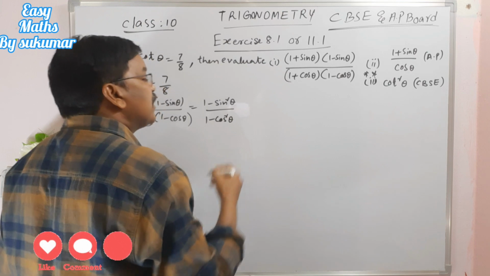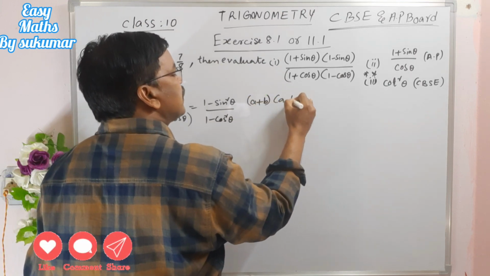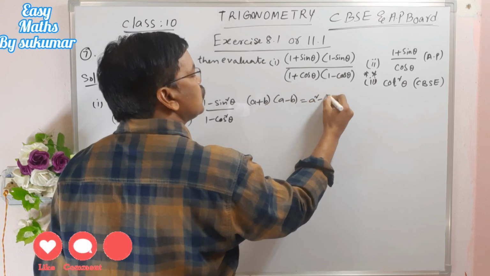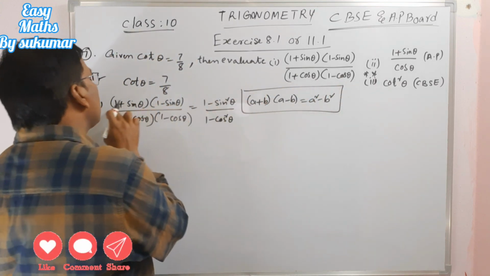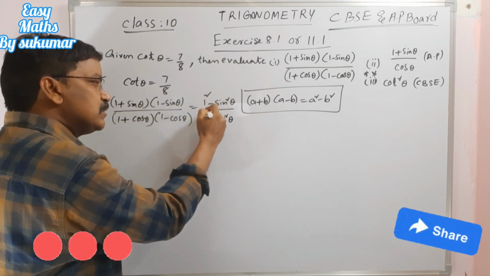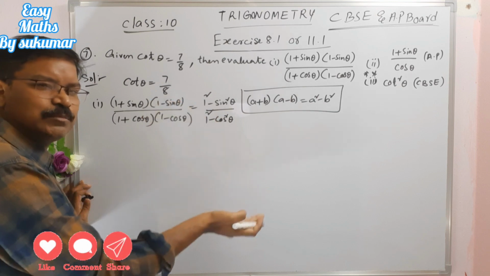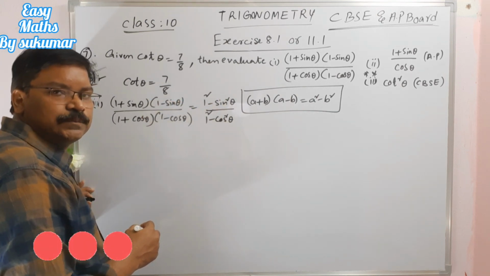Why? There is an identity in algebra. What is that? a plus b times a minus b is equal to a square minus b square. So here this is in the form of a plus b times a minus b. That means a square minus b square, 1 square, that is nothing but 1. So 1 minus sin square theta by 1 minus cos square theta.